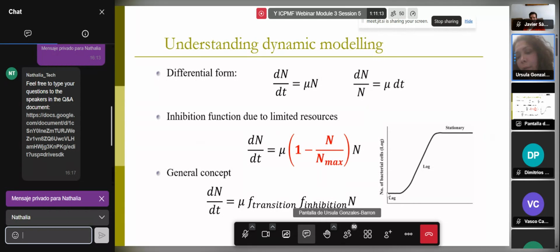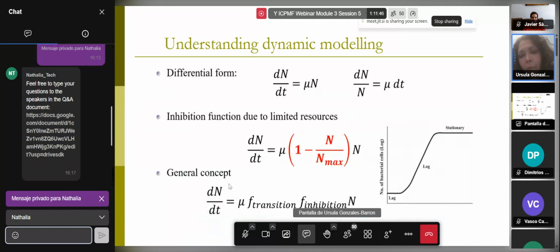So if we multiply the transition term by mu, the growth rate, multiplied by the stationary term, then I will have the general concept of this growth. So if you compare Baranyi's model with Juan's model, they are derived from the same understanding. This is the primary model. Baranyi's model has a different transition function from Juan's model.